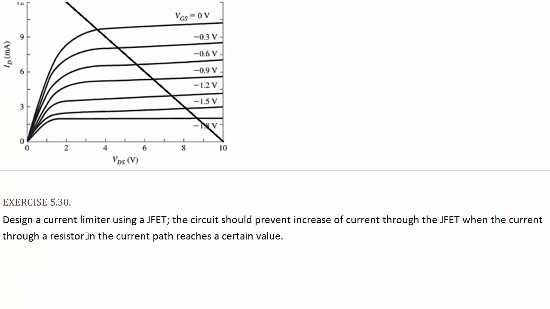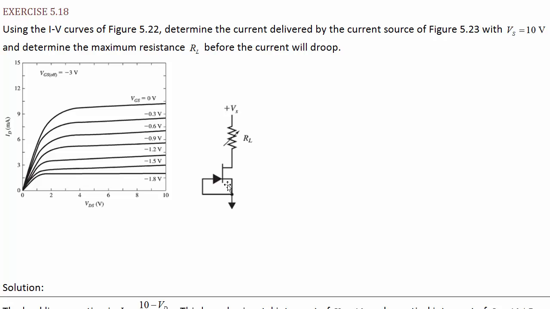Exercise 530, design a current limiter using a JFET. The circuit should prevent increase of current through the JFET when the current through a resistor in the current path reaches a certain value. Okay, first step is to notice that this is not the same question that we just did. Last time was, how can we use a JFET to make a constant current source?